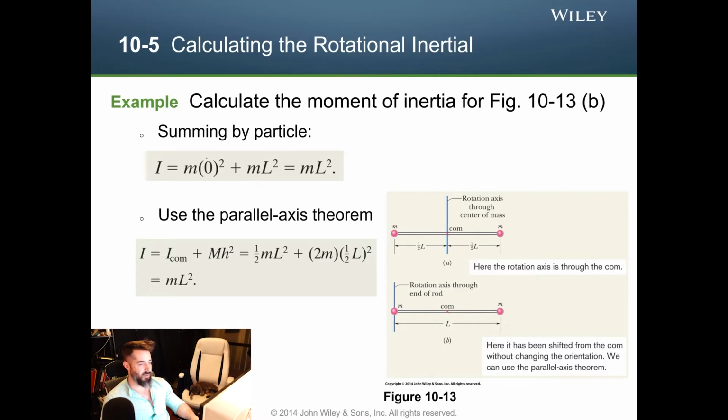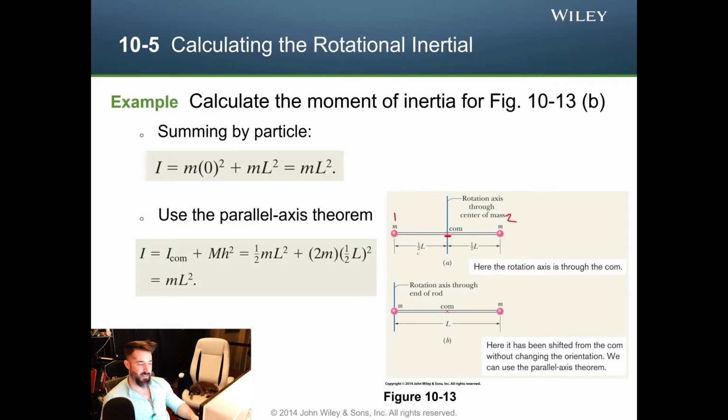This is an example that's in the book. We have this summing of the particles. They go through it in more detail in the book, but basically they're looking at a situation where you have the center of mass in the middle, right there, and then you have two particles, particle 1 and particle 2.